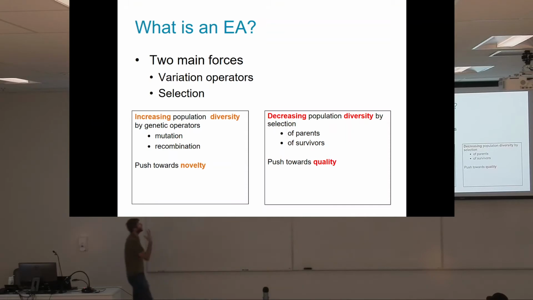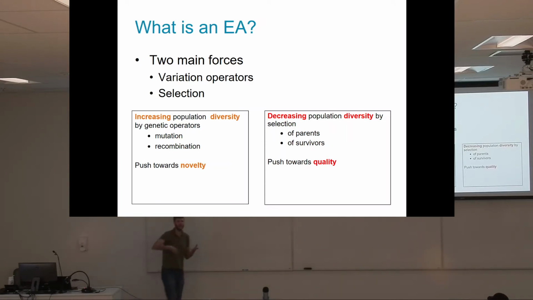But then we also have selection, which tends to decrease diversity, kind of. In general, on average, across the whole population. Really I should say subsets of the population will lose their diversity because there's this pressure to select good ones.